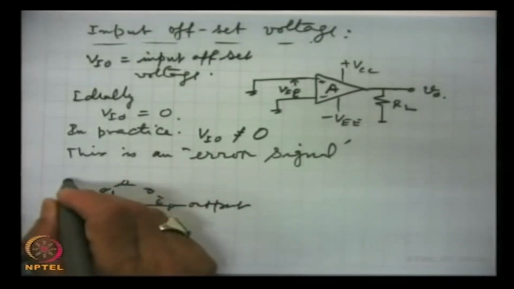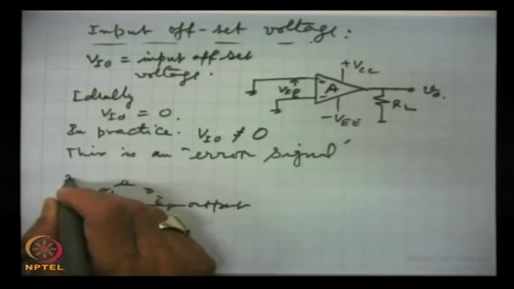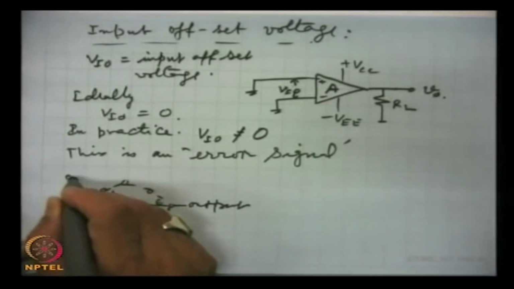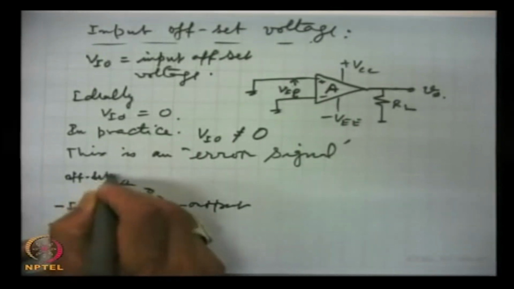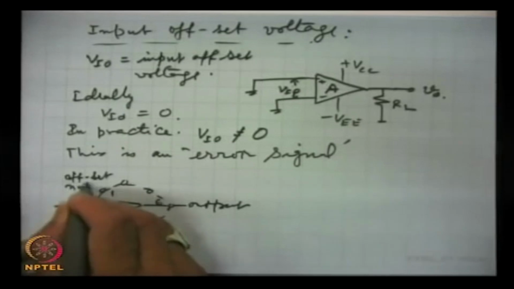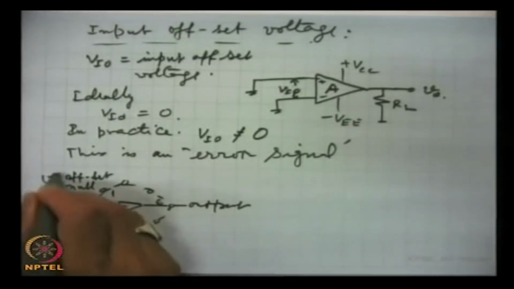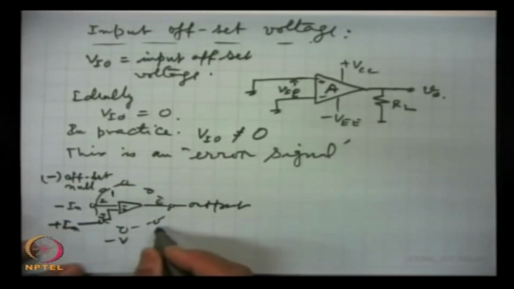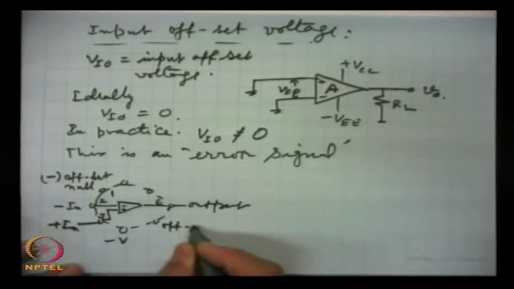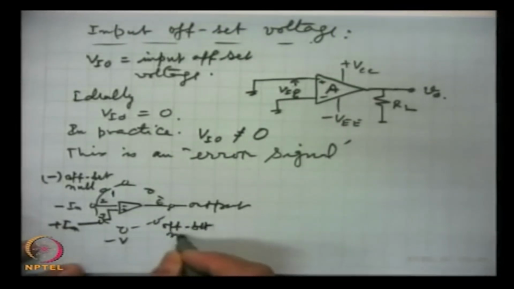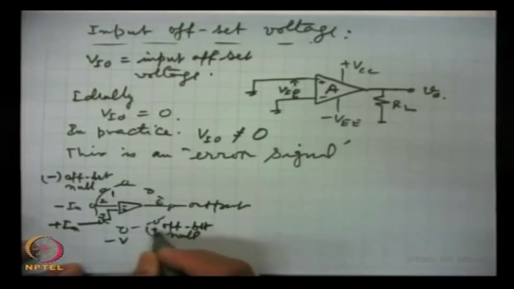This we had mentioned that this is offset null, the negative terminal, and this is the offset null positive voltage.